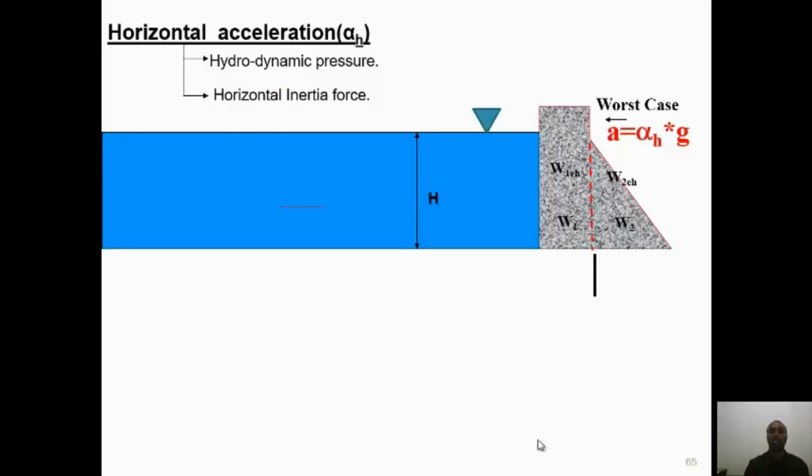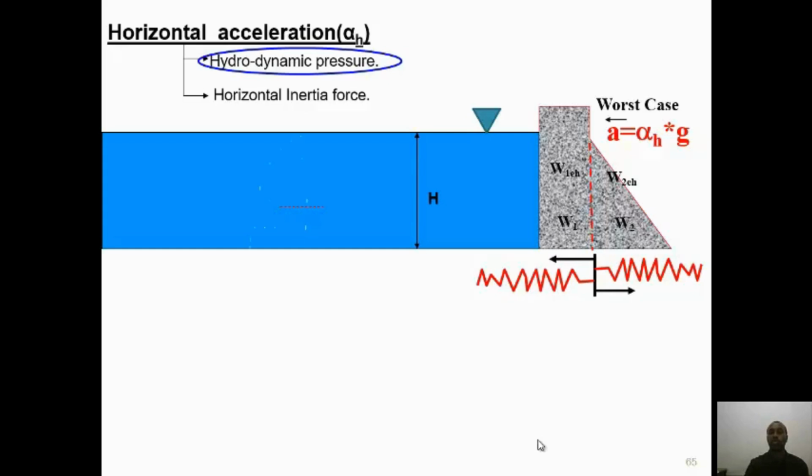Now let us see horizontal acceleration, alpha H, which produces hydrodynamic pressure exerted on the dam structure. Horizontal acceleration may be to the upstream or the downstream direction, so you have a disturbance in the water body.